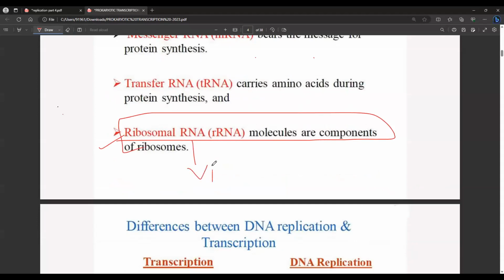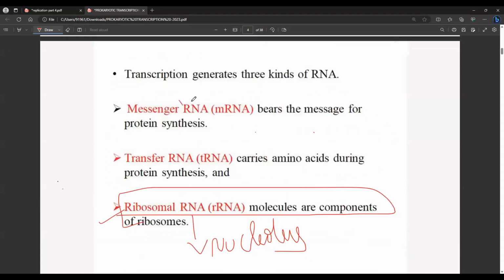You know very well, rRNA is exclusively synthesized in the nucleolus. And mRNA and tRNA both can be synthesized in the nucleoplasm. And very important point for the exam, what are the enzymes involved here?